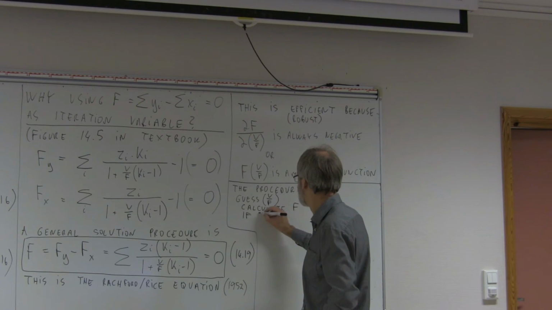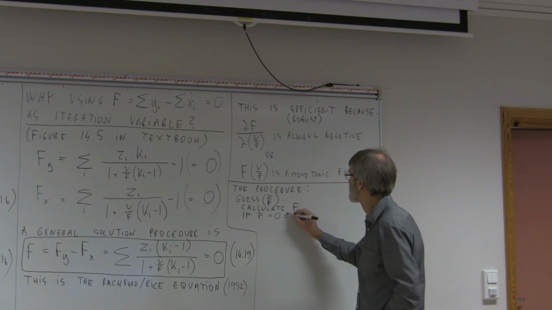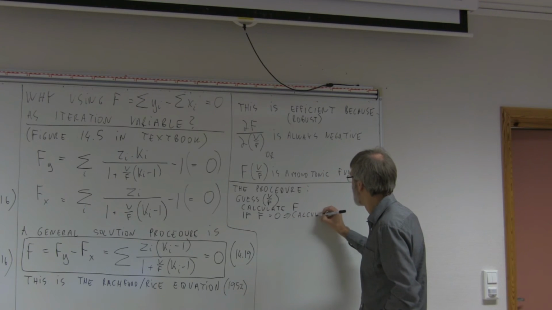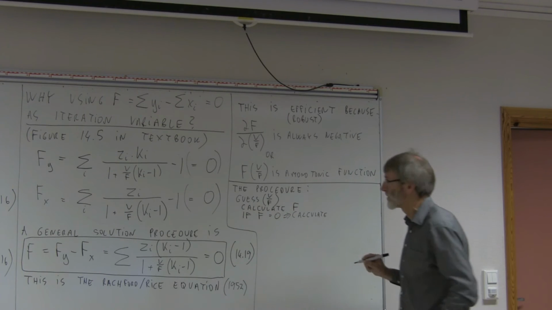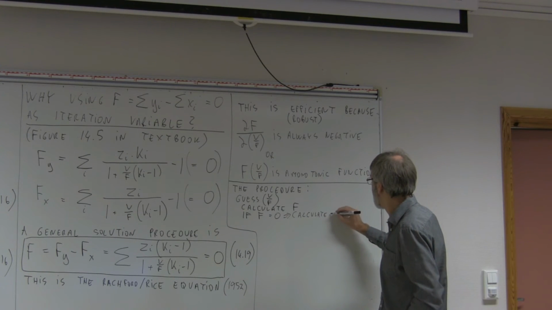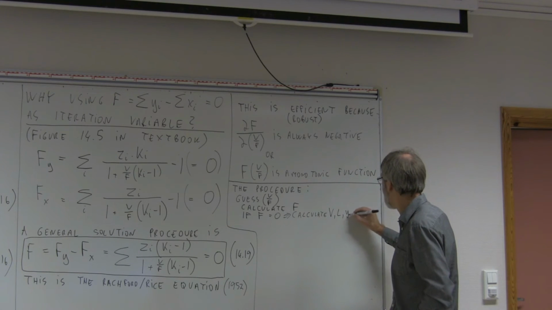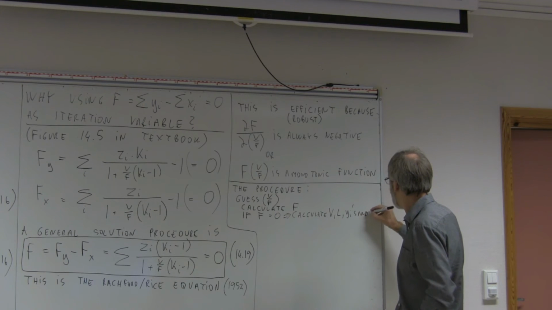If f is 0, then calculate the vapor, liquid, the compositions, and the amounts.